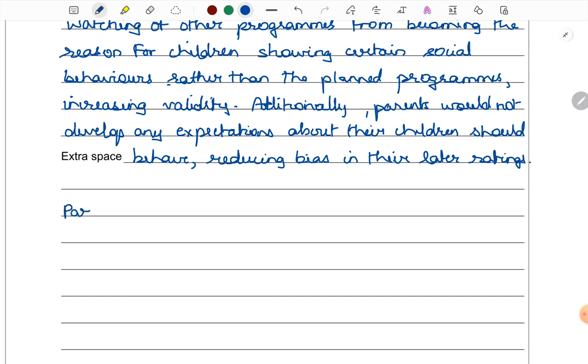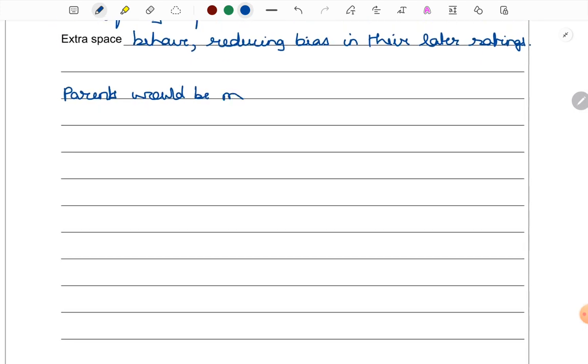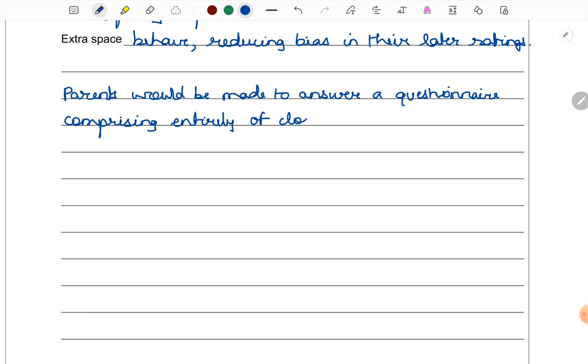Parents would be made to answer a questionnaire comprising entirely of closed questions once the study is completed.